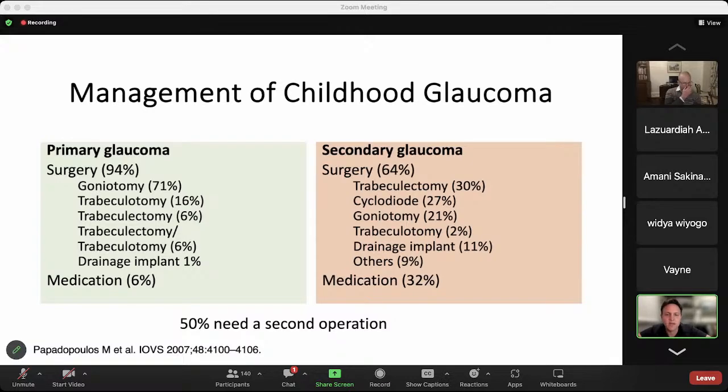And medications can be used in a significant proportion of kids to tide them over as well. It's important to realize that at least 50% of kids that have surgery will need a second operation during their childhood. So when you're doing an operation, you've got to be planning for the next one as well.